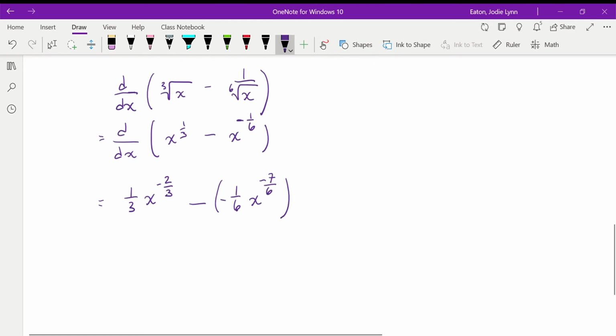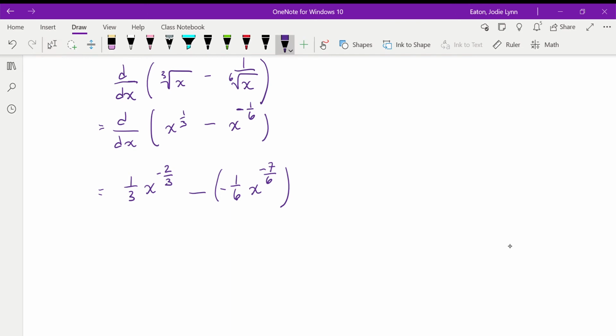Okay, so we have these negative powers. So this is equal to 1 over 3 times x to the 2/3, which is the cube root of x squared. Minus a negative is plus a positive, so this is going to be plus 1 over 6 times the 6th root of x to the power of 7.